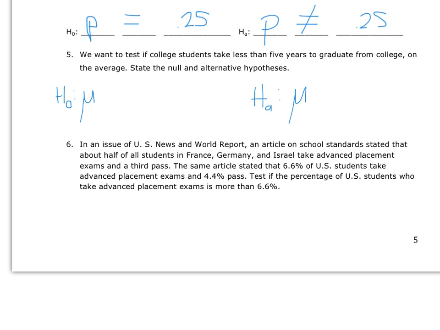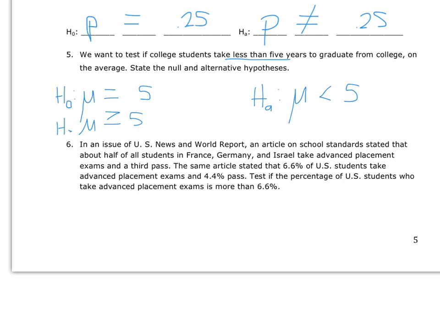And the value that's in there is 5. So that's that fixed value that we're testing about. Now, it says less than 5 years is what we're interested in testing about. So that less than is going to go in the alternate. And in the null, we can either do just a straight equals, or we can do greater than or equal to 5.